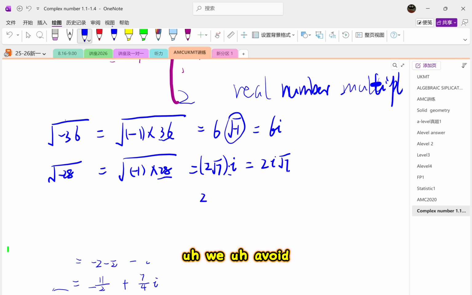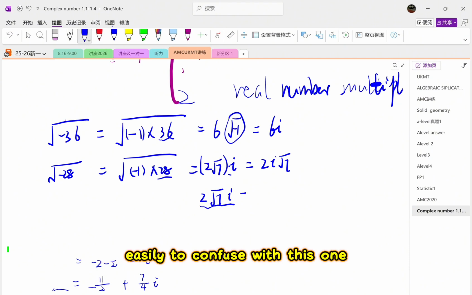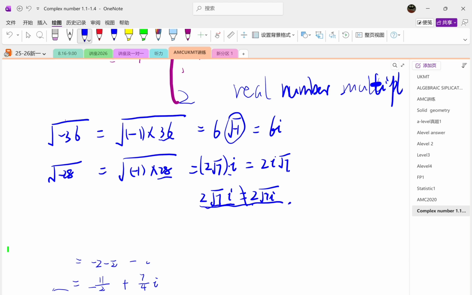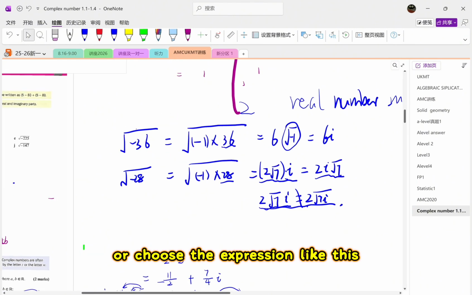We avoid the form like this because it is easily confused with this one. So we just choose this expression, or this expression, or this expression.